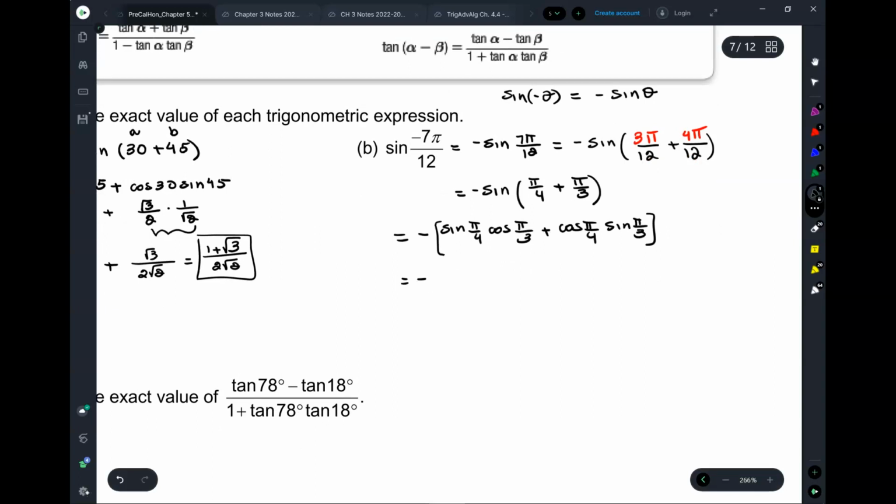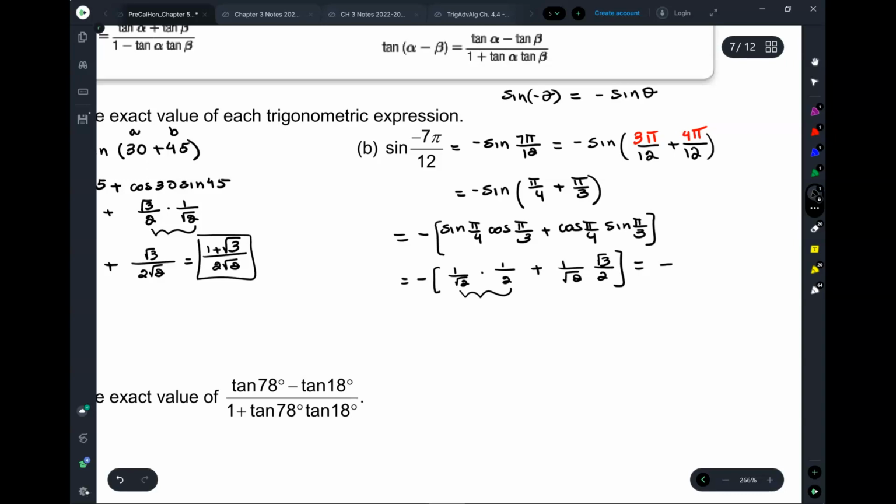So this is negative. What's sine of pi over 4? Or 1 over root 2 times cosine of pi over 3? 1/2. Plus cosine is 1 over root 2. And now look, if cosine of pi over 3 was 1/2, the sine is the other one, root 3 over 2. So this is negative.